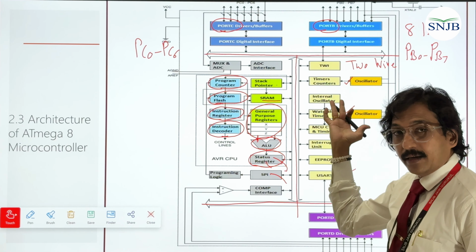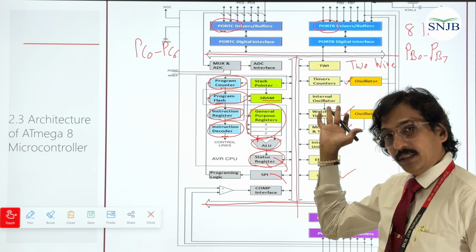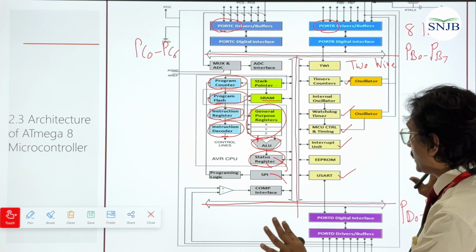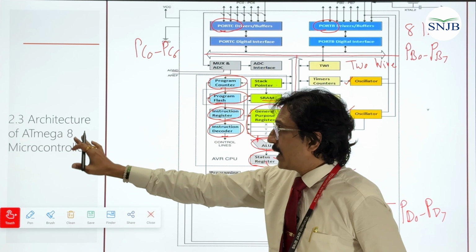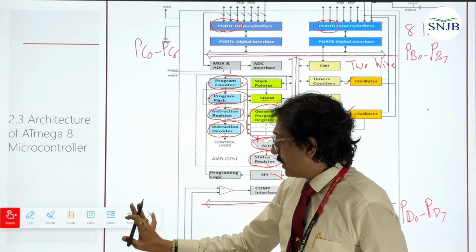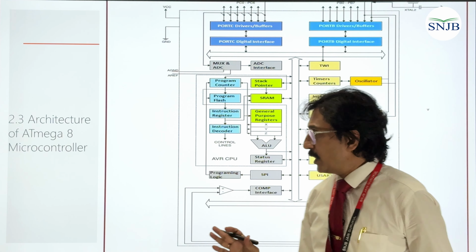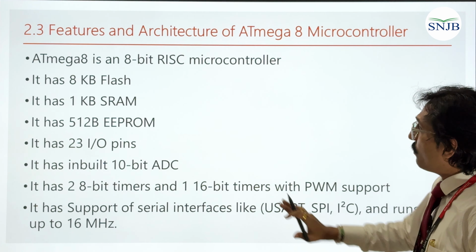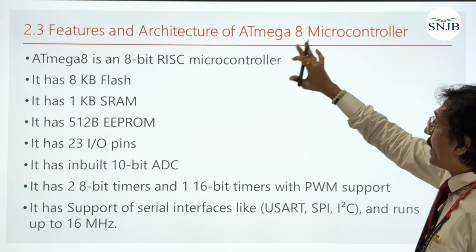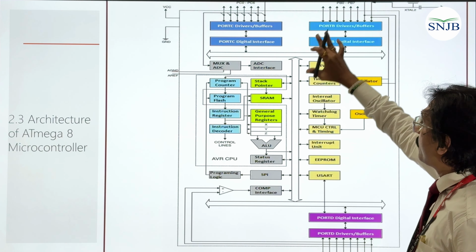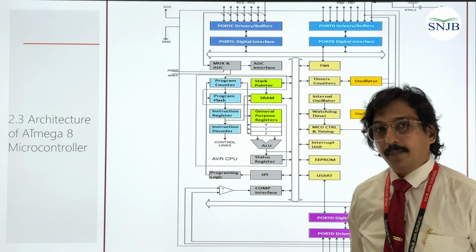On the right-hand side all the timers are there with the serial interfaces. So this is the simple block diagram of ATmega8. This is the scope of 2.3: we have only the features of ATmega8 and the block schematic.